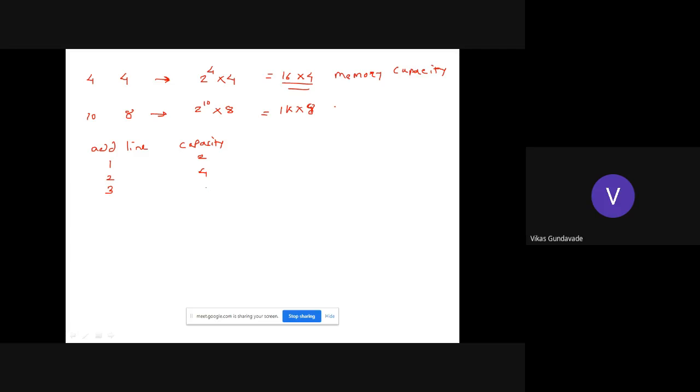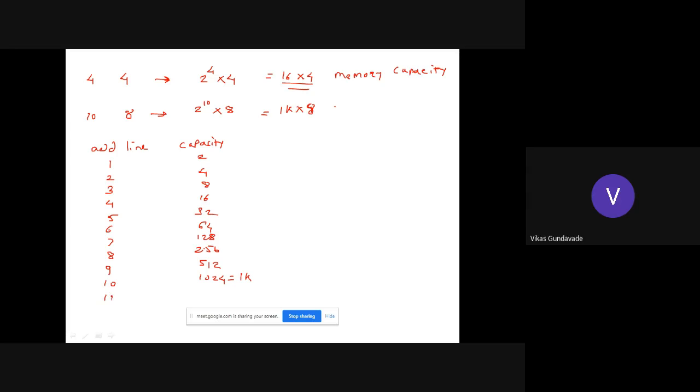With 3, then 8. 4, then 16. 5, 32. 6, 64. 7, 128. 8, 256. 9, 512. 10, 1024. So this 1024 is represented by 1K.